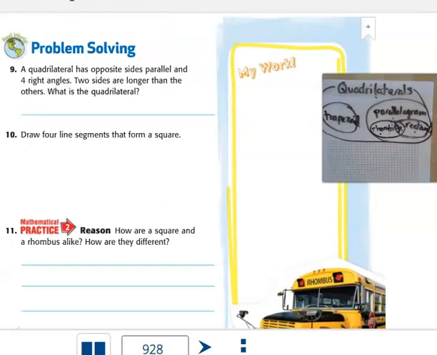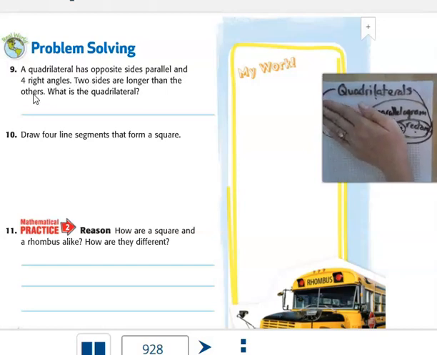And when you get to the problem solving, number 9, 10, you should be able to do it by narrowing down your options here. For number 9, a quadrilateral has opposite sides parallel and 4 right angles. So automatically that eliminates the trapezoid. And having 4 right angles eliminates the rhombus. So we're moving into our parallelogram, and it says 2 sides are longer than the others.